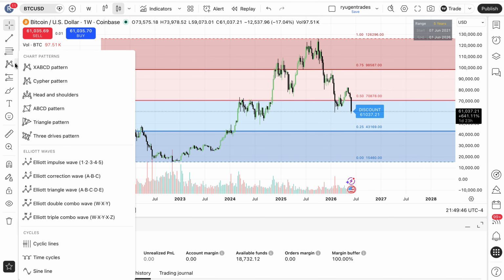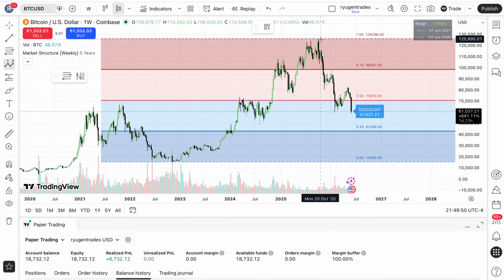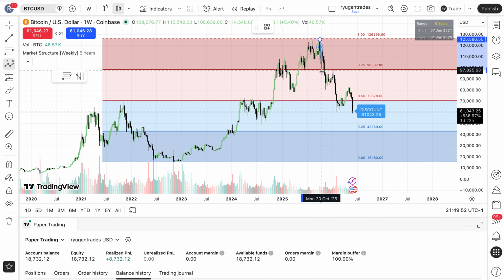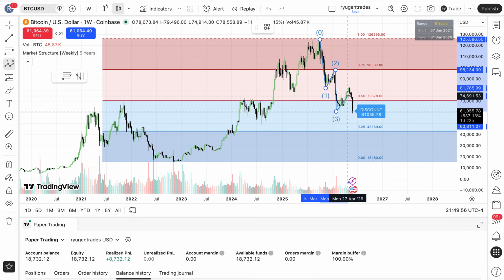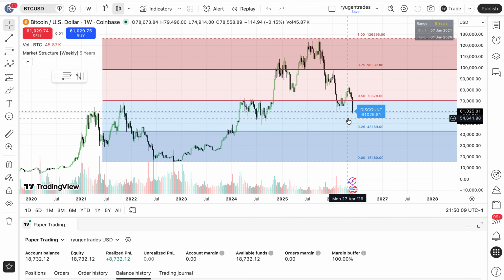And as I shared in my previous video, how I look at waves is like this. So far what I see is it's going through a third wave before price consolidates and probably moves back up. So that's the reason why I took a short.